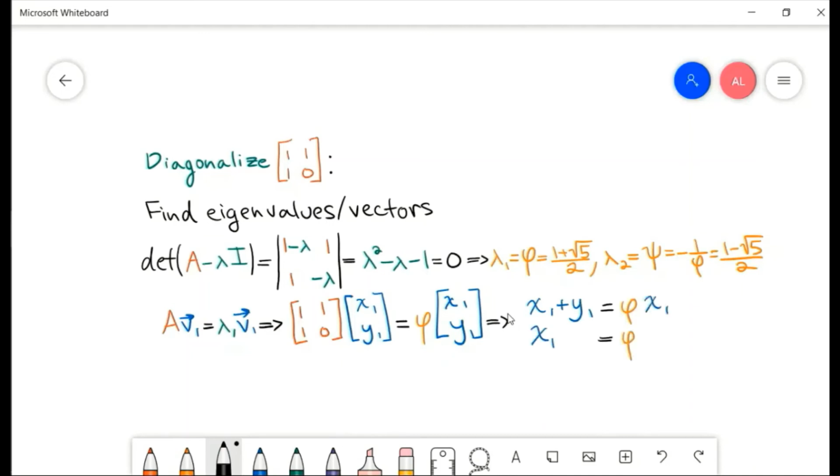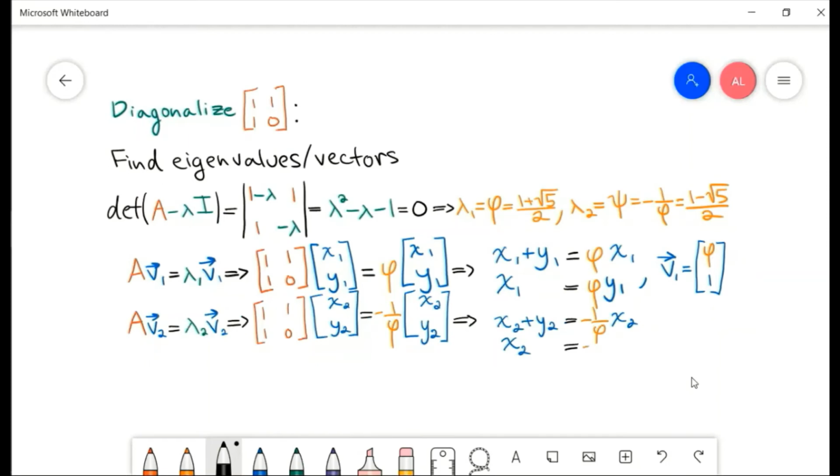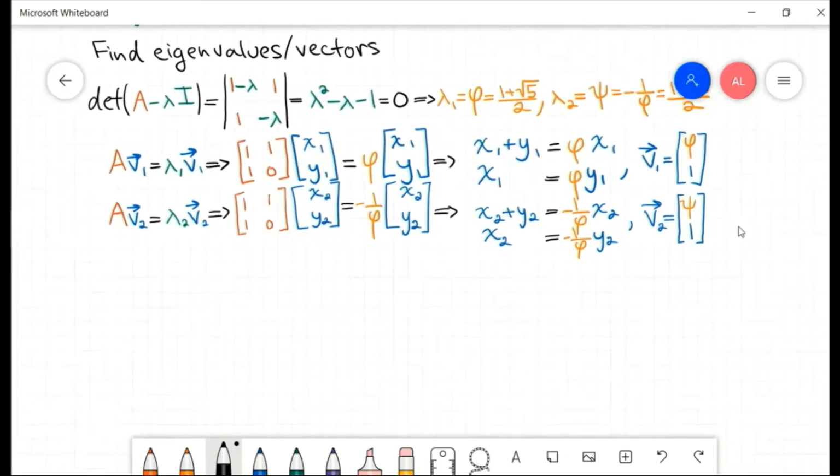After that, we get this system of equations, which after solving, we get that v1 is equal to (phi, 1). So that's the first eigenvector. And then very similarly, we do the same operation on the second eigenvector and eigenvalue, and we get that v2, the second eigenvector, is equal to (psi, 1).